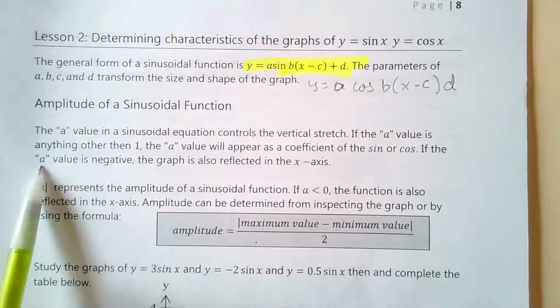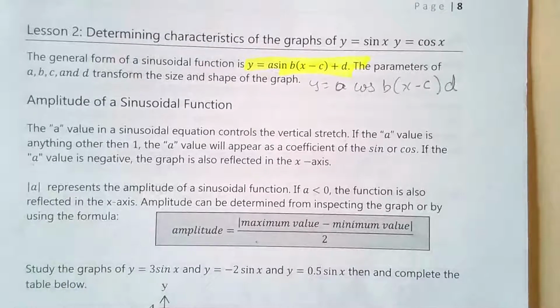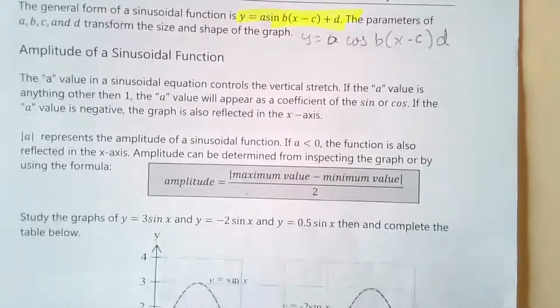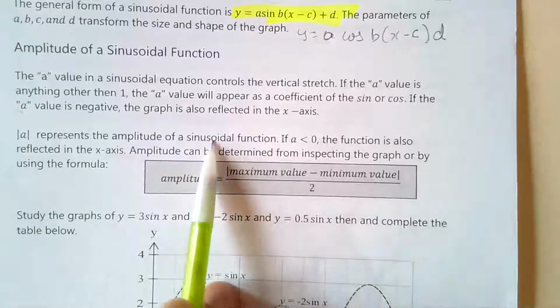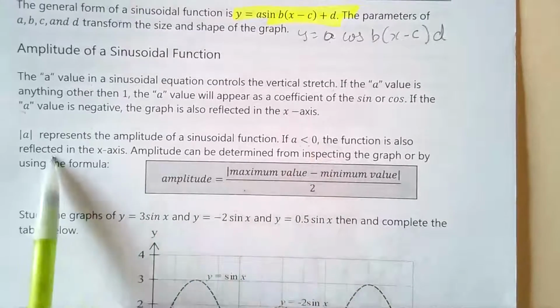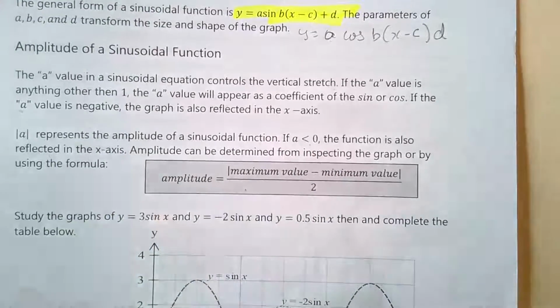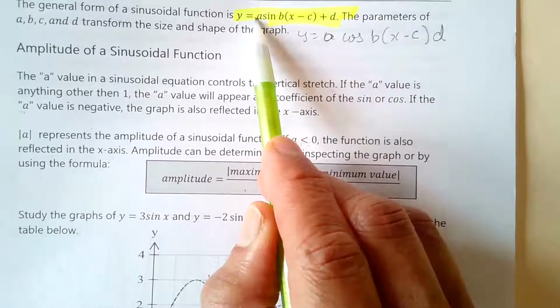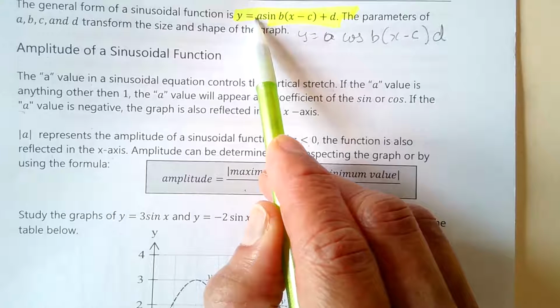If the value of a is negative, the graph is reflected. So a represents the amplitude of a sinusoidal function, and if a is less than 0, the function is reflected on the x-axis. In other words, it's a reflection if it's negative.